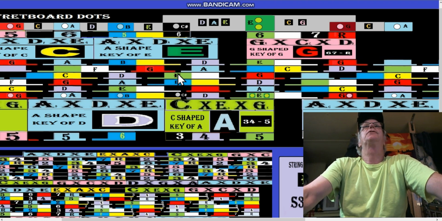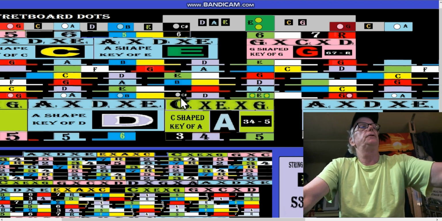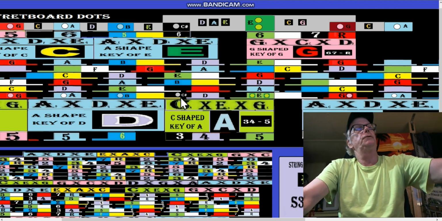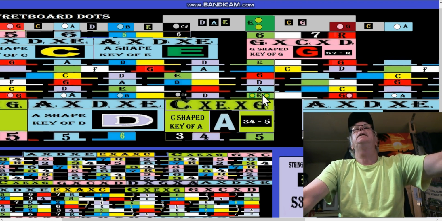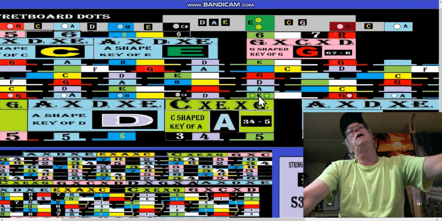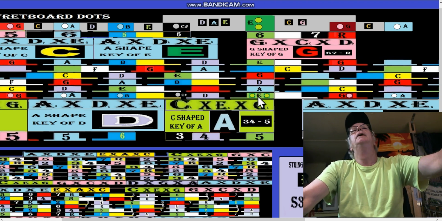We're not going to do the key of E, because you can do that, but if you use the key of A, C sharp would be the 3rd: A, B, C sharp, and then D, E, so 3, 4, 5.